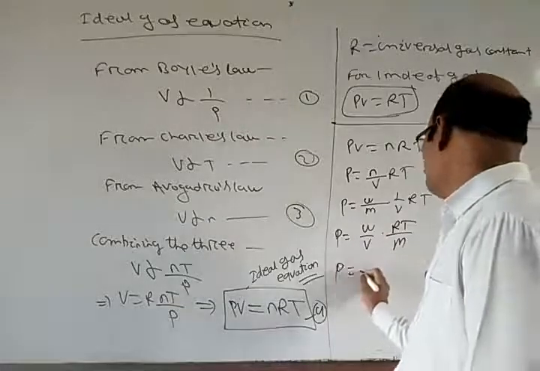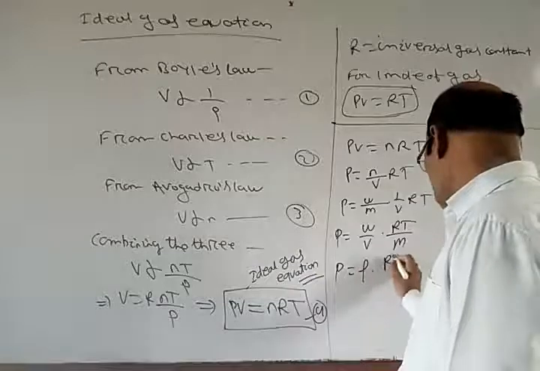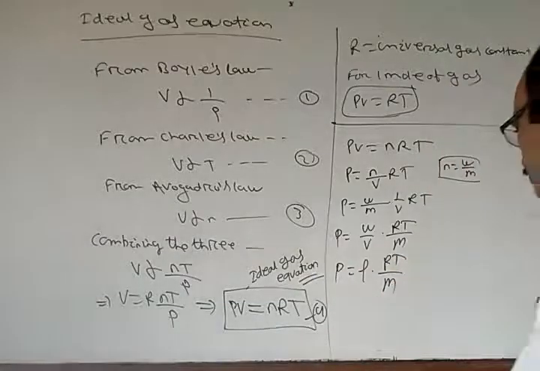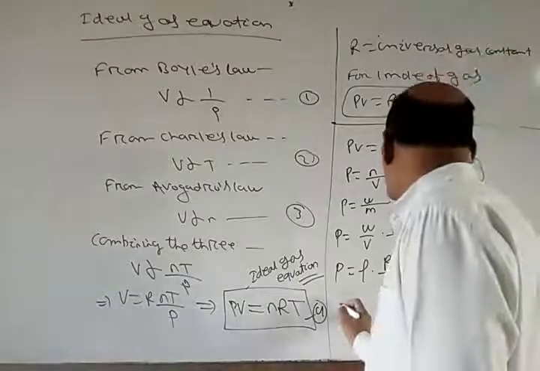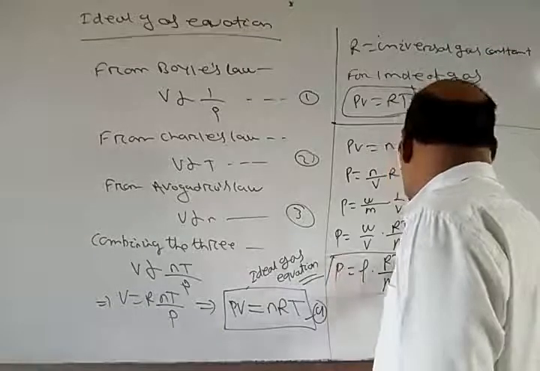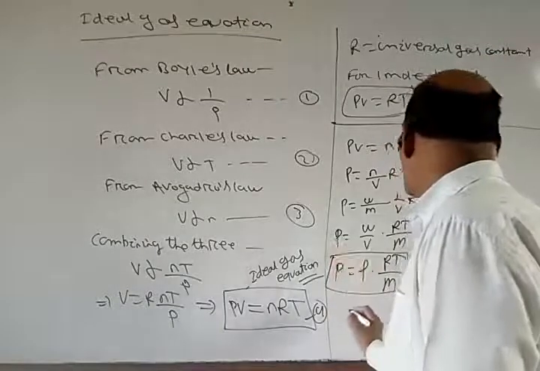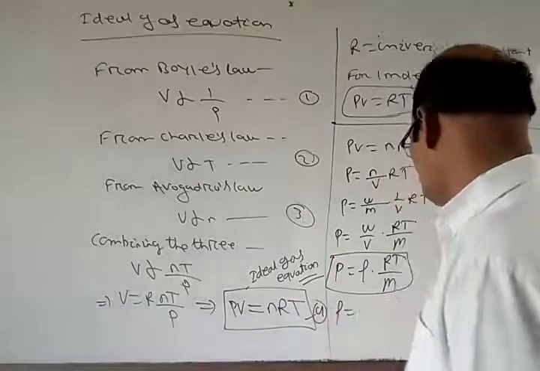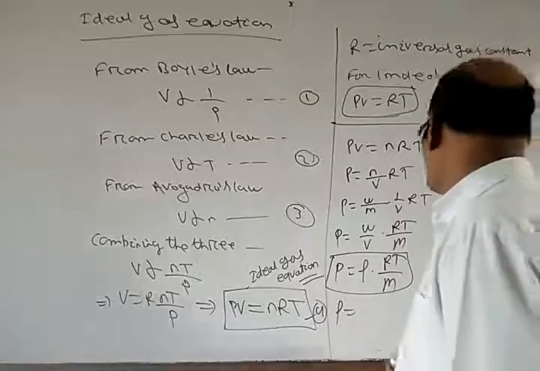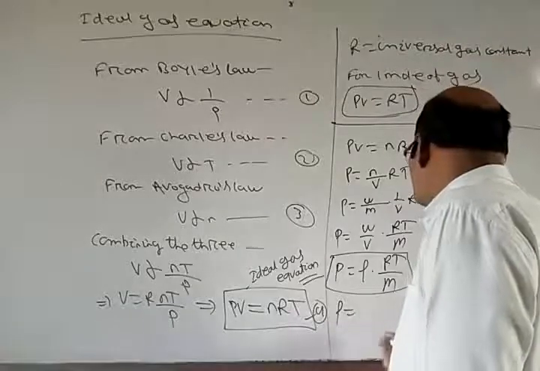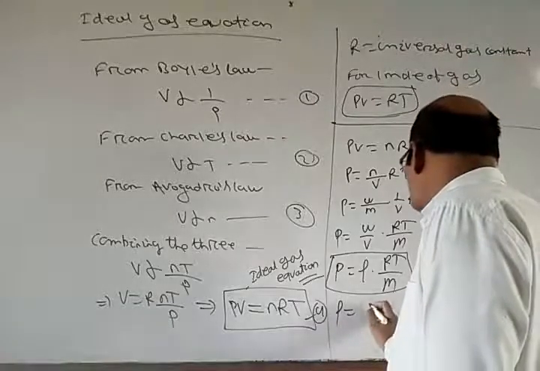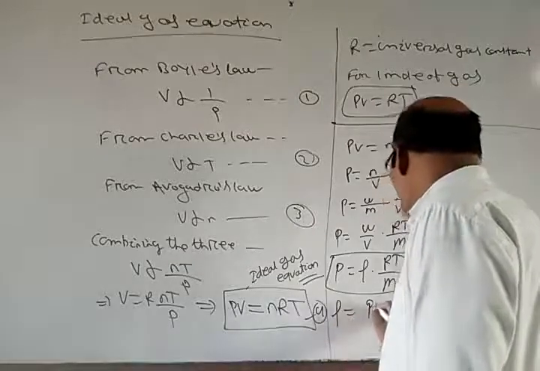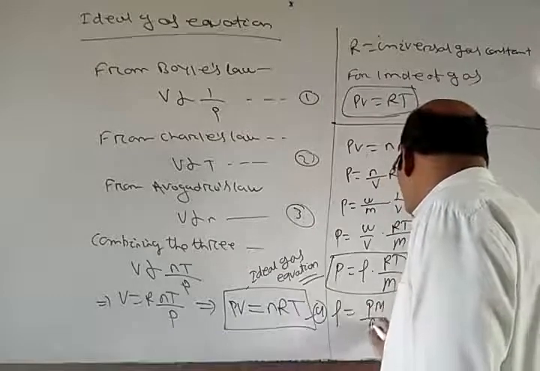So P equal to rho RT by M, or rho equal to PM by RT.